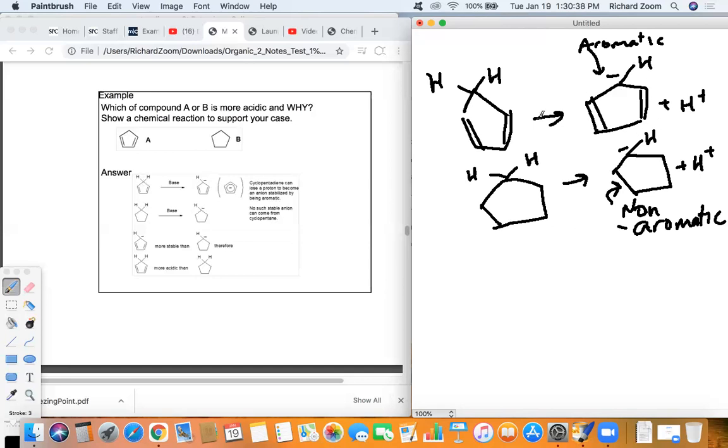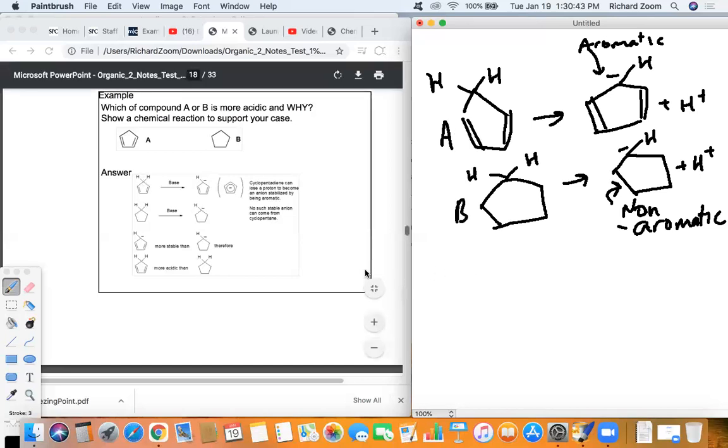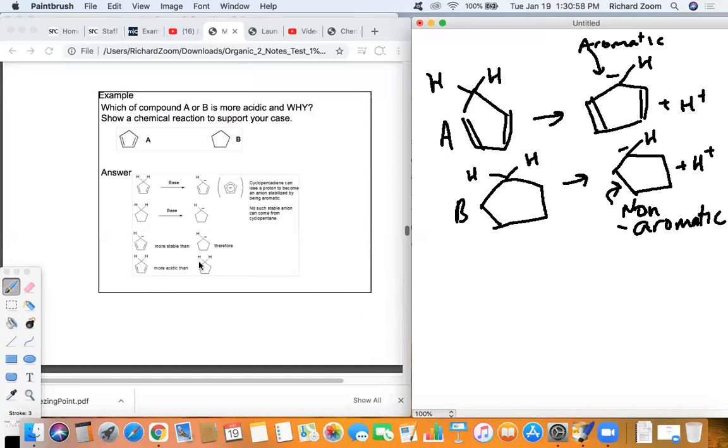So in the case of these two compounds, A and B, you can argue that because this anion, the one on top, is more stable than the anion on the bottom, then the compound that has the 2 double bonds in it is going to be more acidic than the compound that doesn't have any double bonds in it. And the difference in stability is due to the fact that we have aromatic versus non-aromatic.